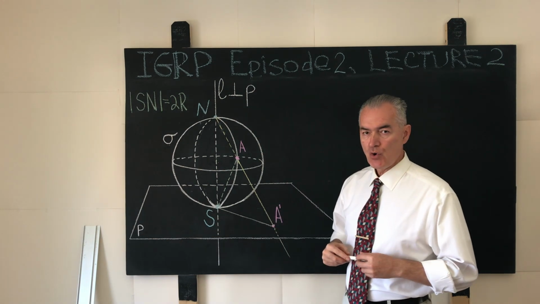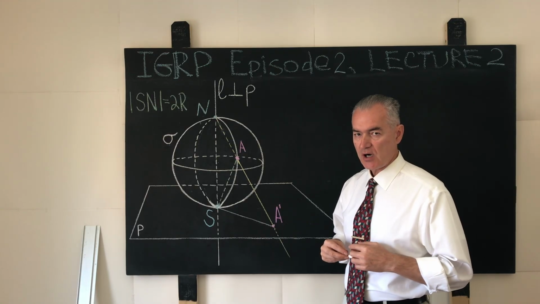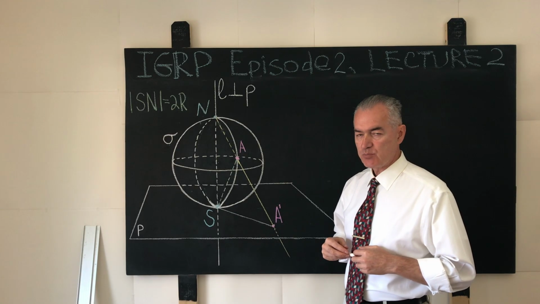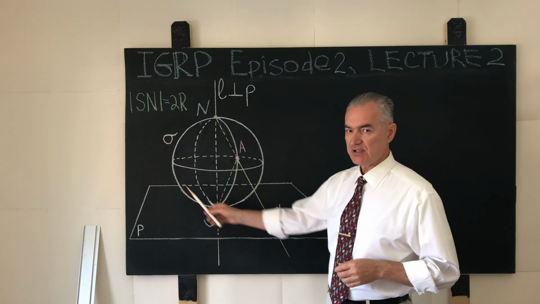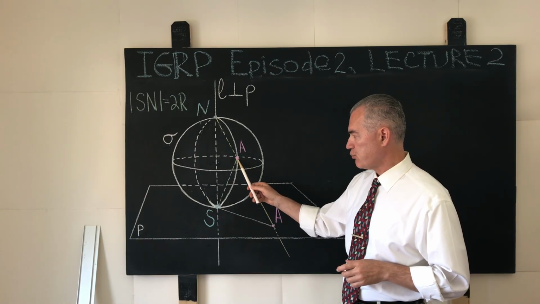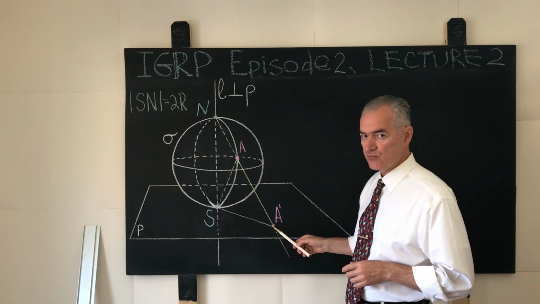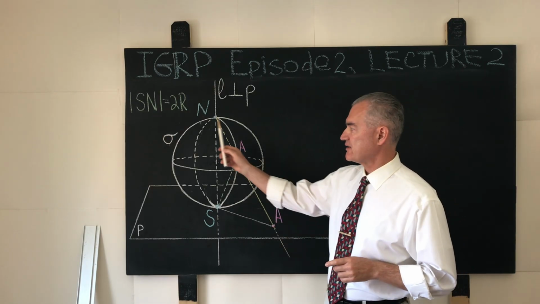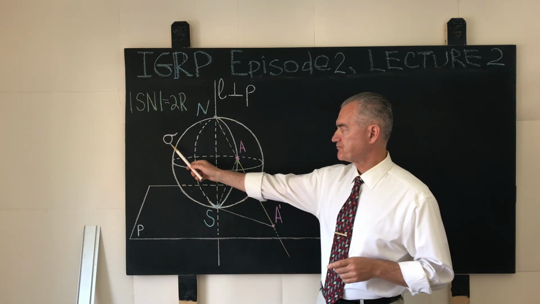By doing so, we constructed the so-called stereographic projection of almost the entire sphere, not just of one point onto the plane P below, but of almost the entire Riemann sphere named sigma.